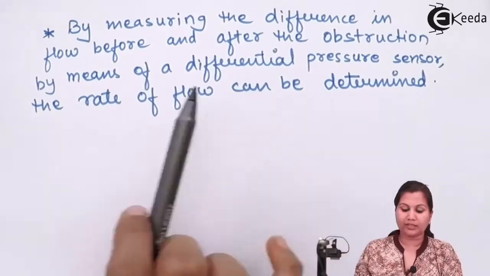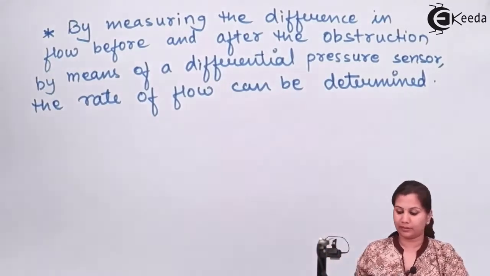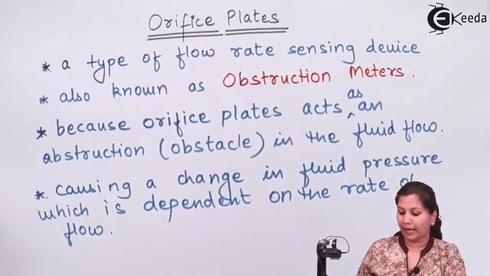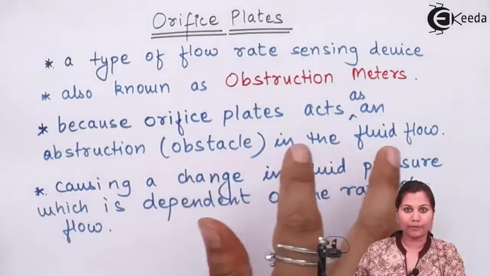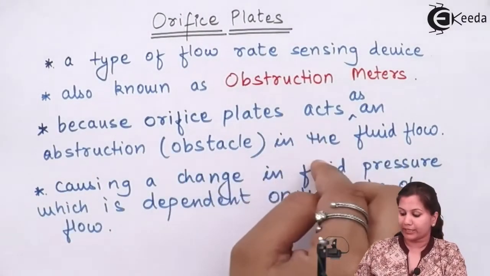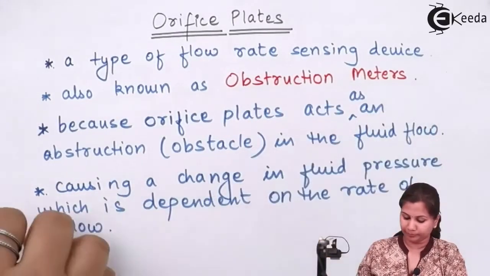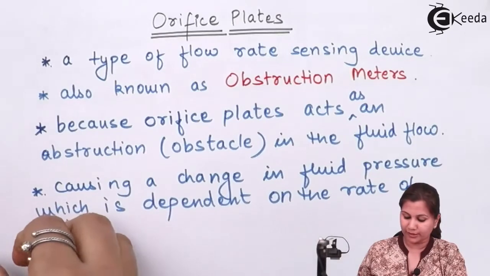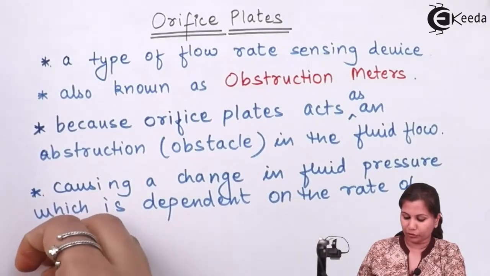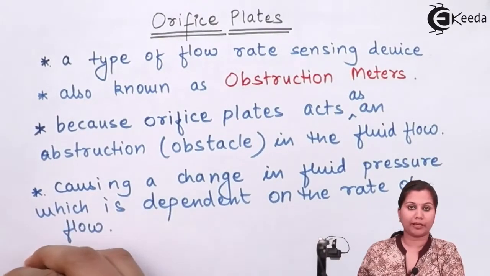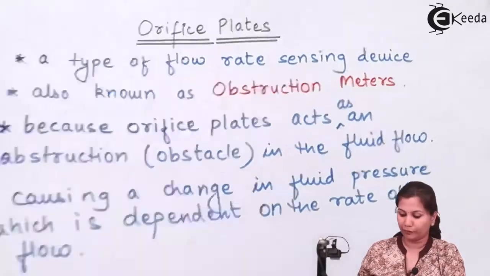In this way, these orifice plates work by acting as an obstruction or obstacle in the fluid flow, which is why they are known as obstruction meters. This is how they measure the flow rate, by measuring the pressure difference in the fluid flow.